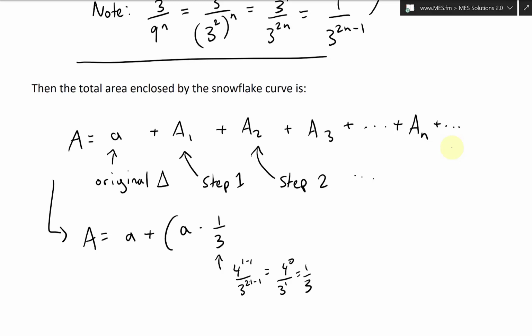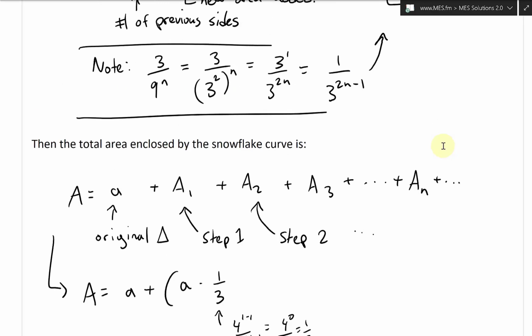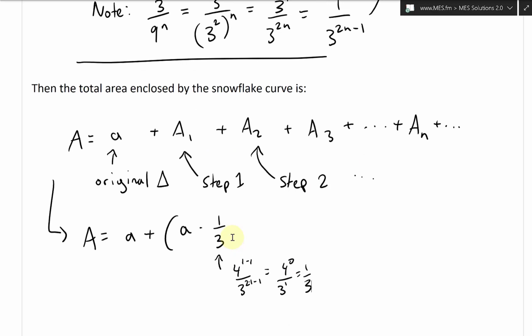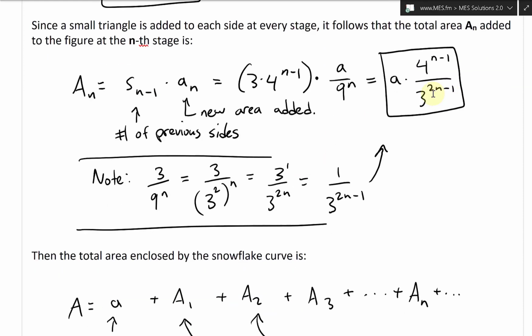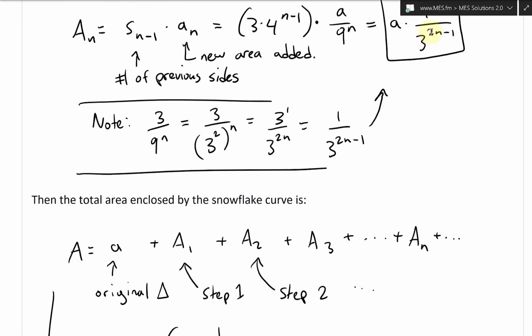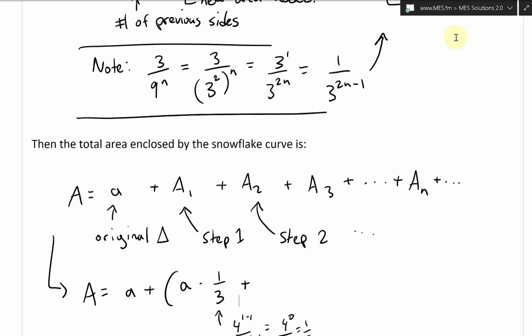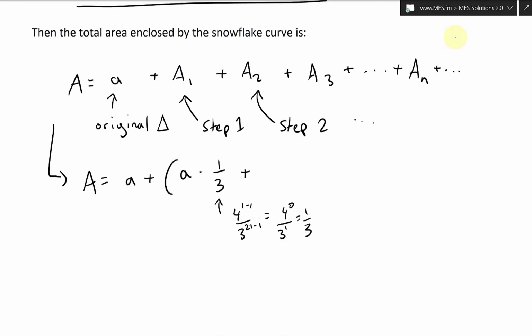And then the next term is plus, and when we have n is 2, this will be 4 to the power of 1 over 3 to the power of 3, again another a times 4^1 over 3^3.